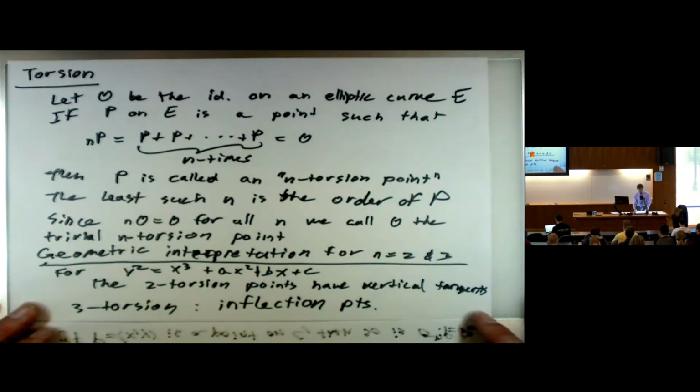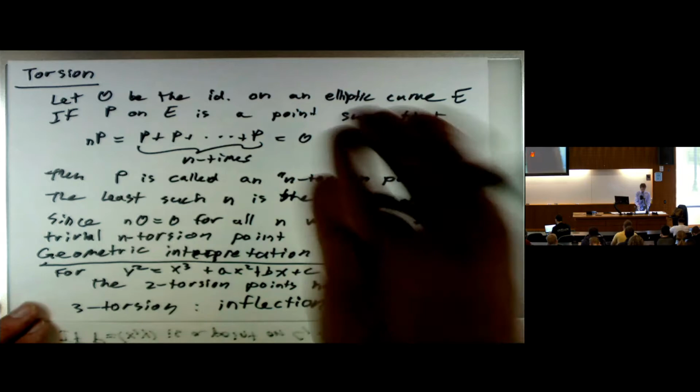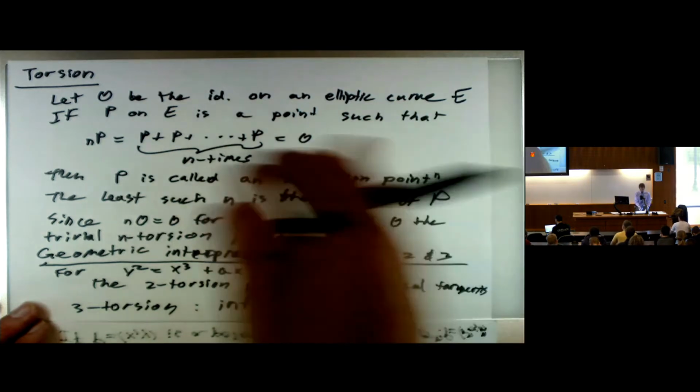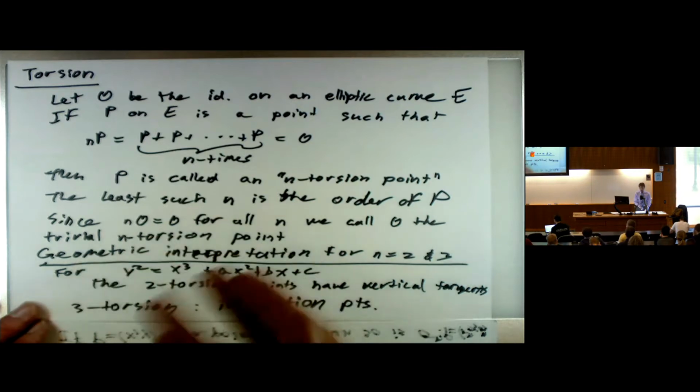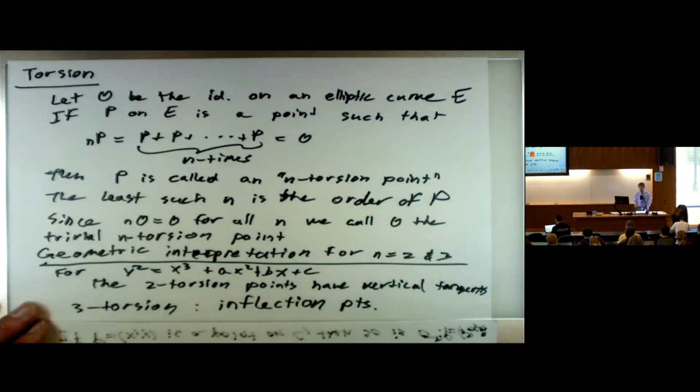And so it should make sense then; from the perspective of repeated addition of the identity, you're always going to get the identity, so it has to be a 3 torsion point. But it meshes well with this interpretation for 3 torsion, that it's an inflection point.